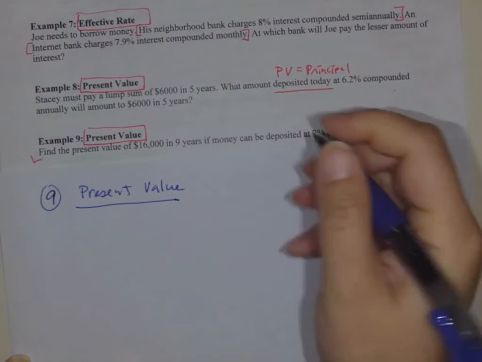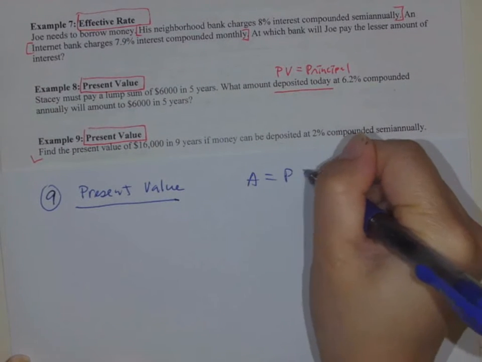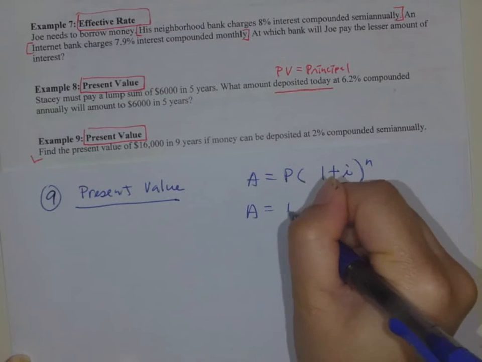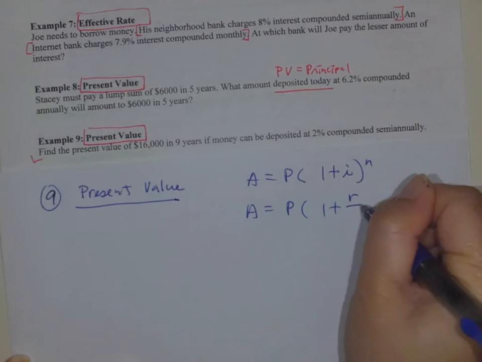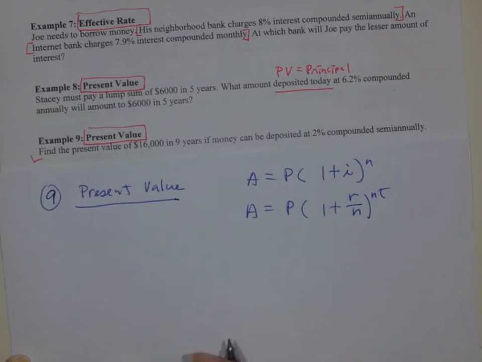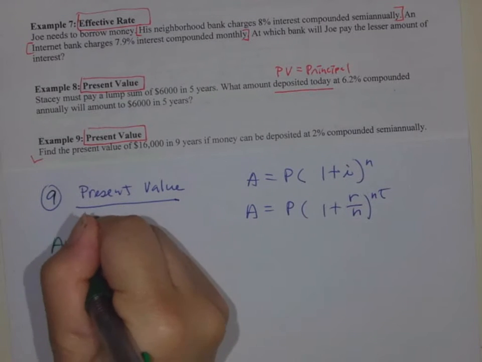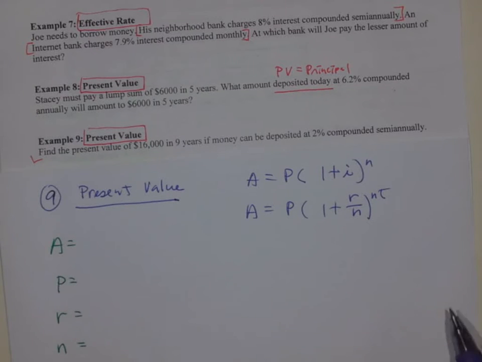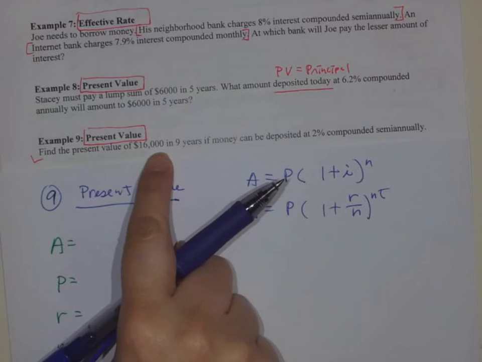Alright, so your book says A equal to P(1 + i)^n, and I like to use P(1 + r/n)^(nt). If you want to, you can go ahead and list those variables, and you can pause the video if you want to. So A is, they want to get out 16,000, right?